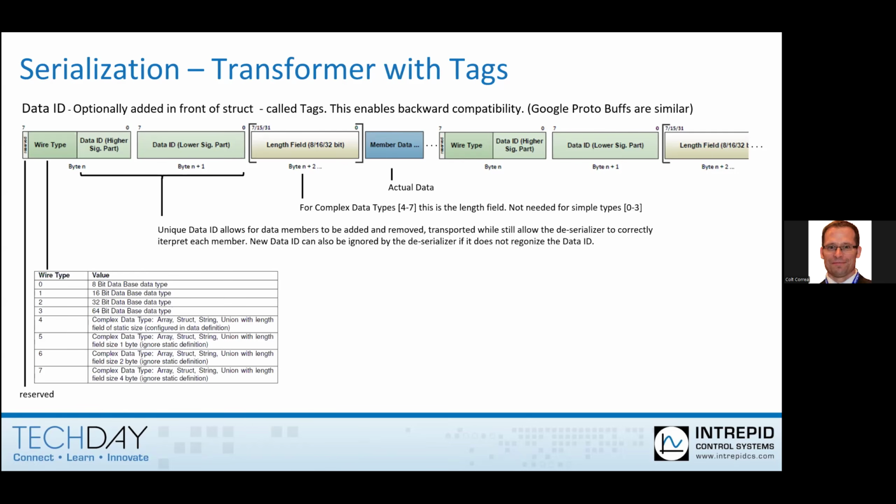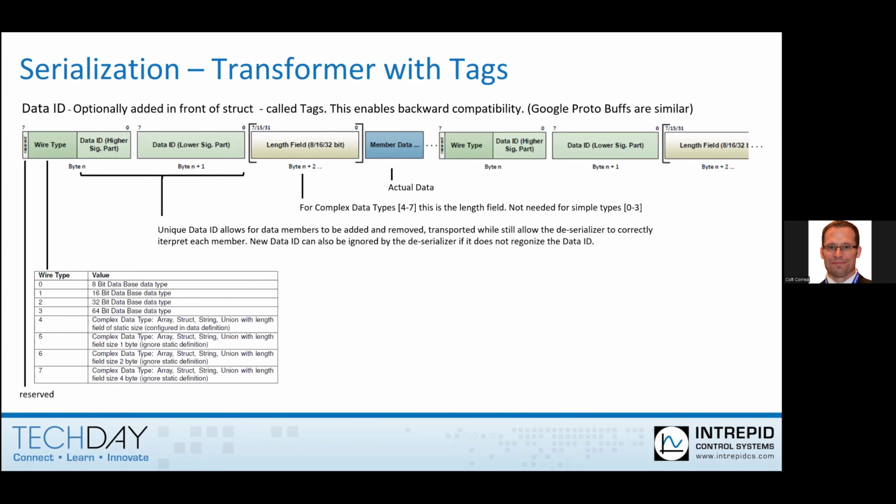And if you didn't have tags, then you have to assume that all the data that you're getting is in the right format, in the right place. And if someone updates software in a different ECU and modifies that format, you're not going to receive data correctly. So there is a trade-off.